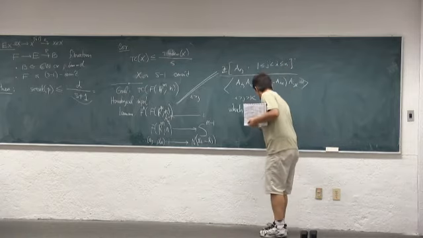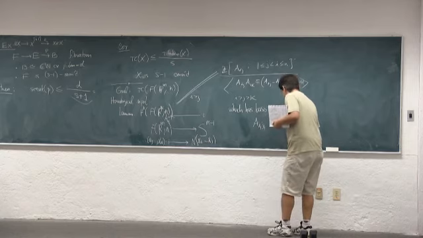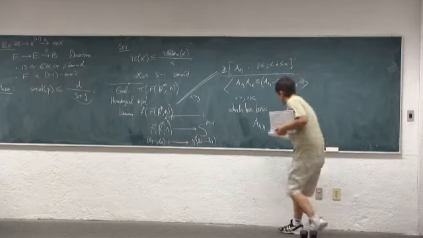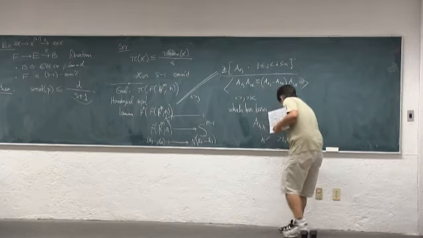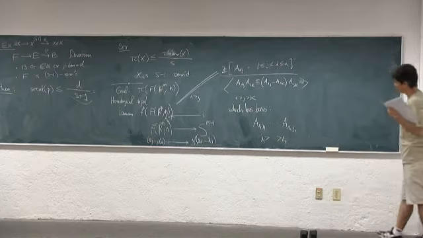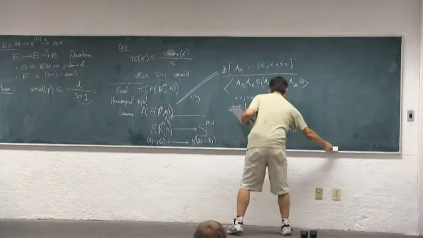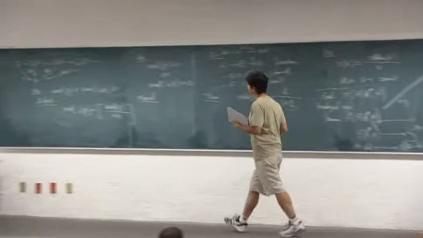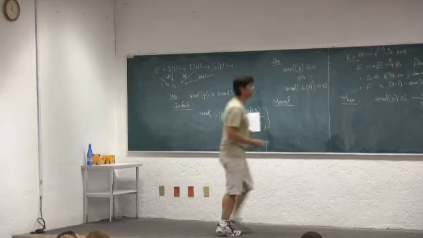Namely, you take a_{i1 j1} up to a_{ir jr}, so that i1 is greater than and so on up to ir. That's the set of generators; you have to look at that as a basis for this thing.